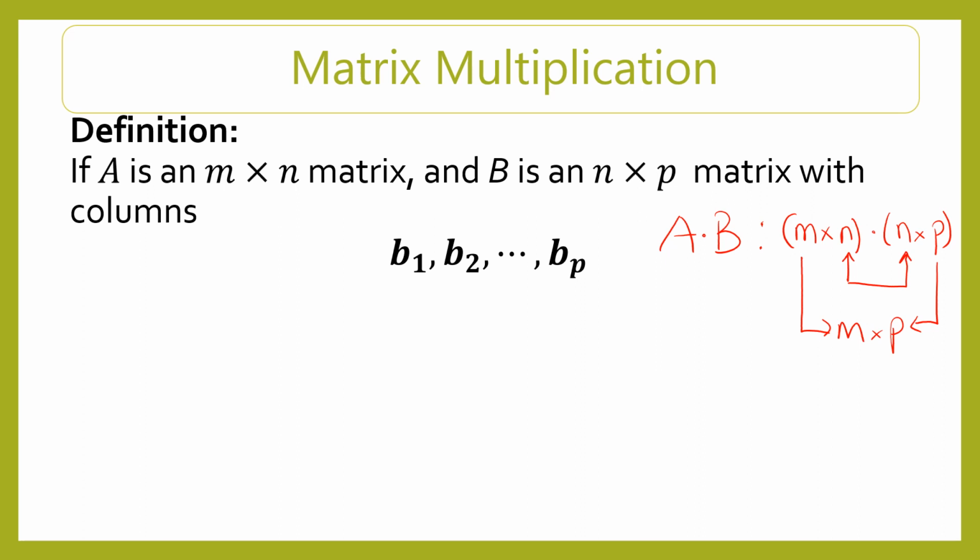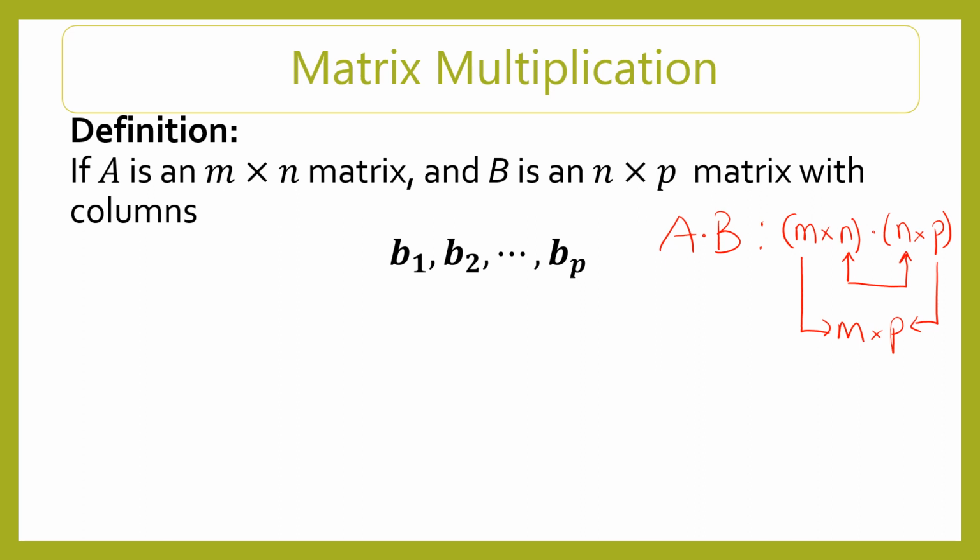So after this compatibility rule is satisfied, the question will be, all right, how do I do this computation? So I want to first look at a very simple way of doing that.